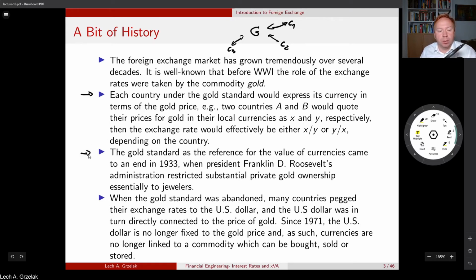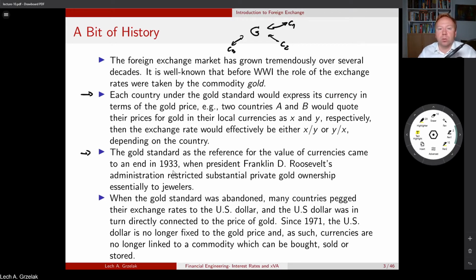So we had a gold standard until 1933. After 1933, there was no gold standard anymore. Franklin Delano Roosevelt restricted substantial private ownership, and it is also very interesting history how this developed, that people were not allowed anymore to possess any amounts of gold.